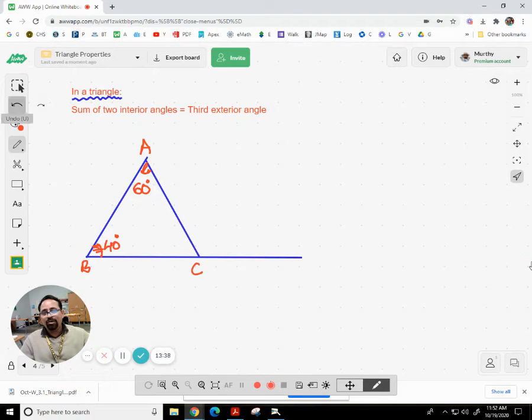I'm sure all of you can guess the value of angle C. Wait, think of the value of angle C in your mind. It's 80 degrees. That's right.